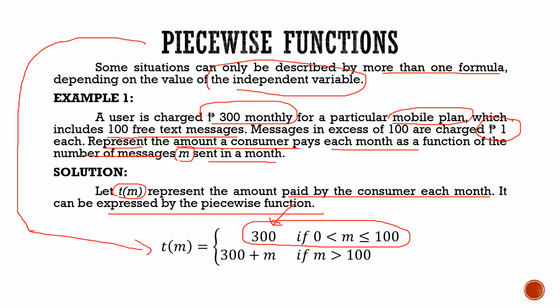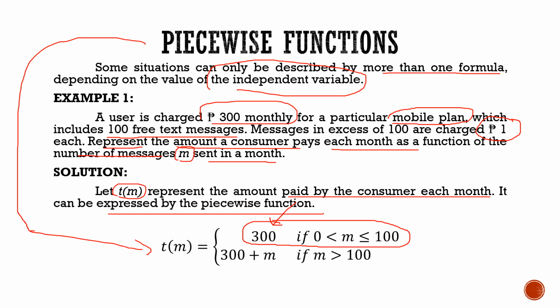So if a user just uses 90 of these 100 pre-text messages, then 90 still falls from 0 to 100, in between 0 and 100.